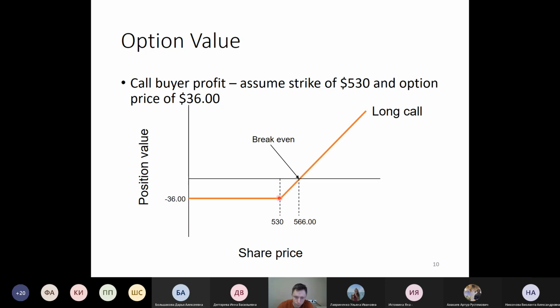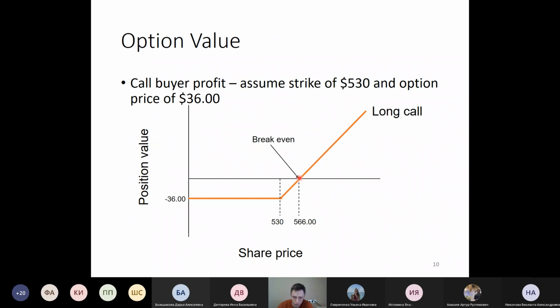And therefore, if we have an option with exercise price of 540 and we paid $46 for it, we break even with our investment in an option only when the market price goes above 566, in order to cover the exercise price and the commission that we paid for the option.